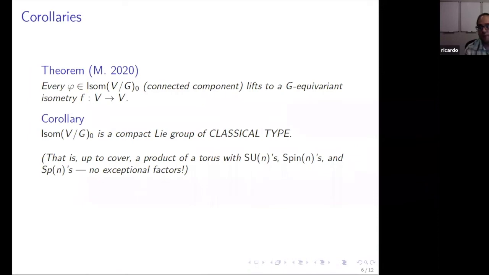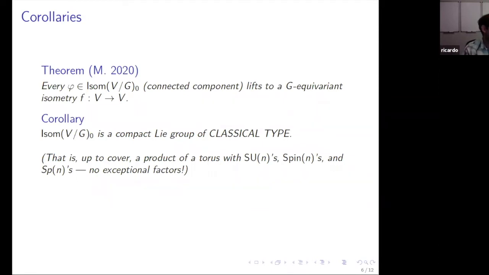Recall that there's a general fact about compact Lie groups: a connected compact Lie group, up to cover, is a product of a torus with some simple, compact, simply connected Lie groups. And those are classified, right? There's classical type and the exceptional type. Classical type A, B, C, D, and then exceptional type E, F, G, right?